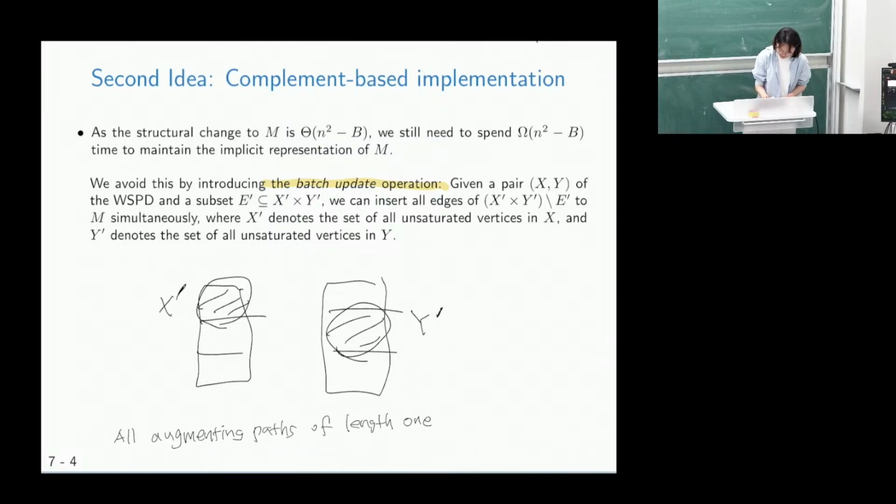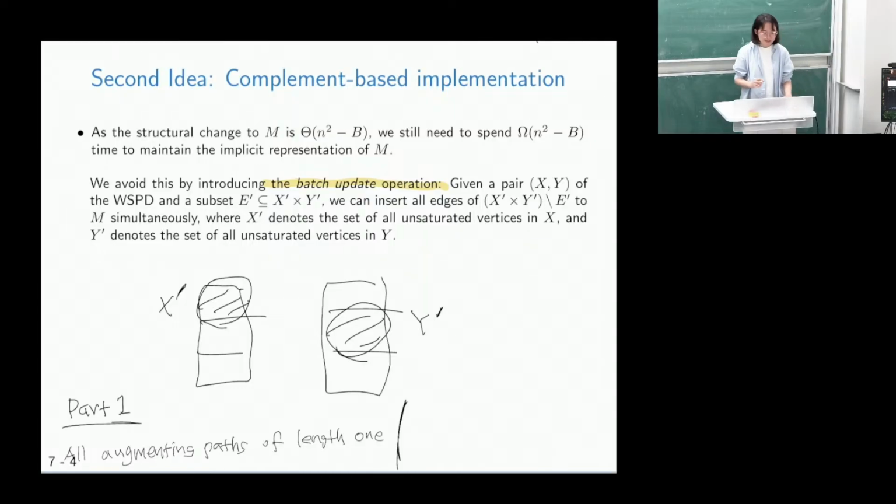It consists of two parts. So in the first part, we augment all augmenting paths of length 1. And in the second part, we compute the remaining augmenting paths.